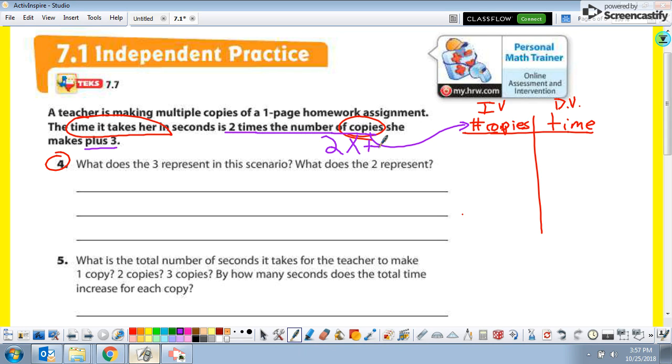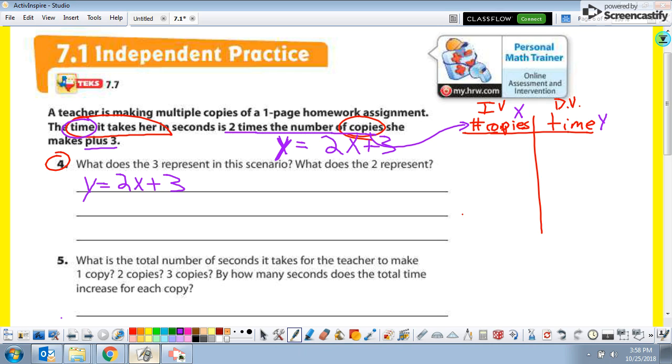So the time it takes is going to be Y. It's 2 times the number of copies plus 3, and that is going to be our equation. So I'm just going to write that here first: Y equals 2x plus 3. Now remember, x represents the number of copies, and Y represents your time.